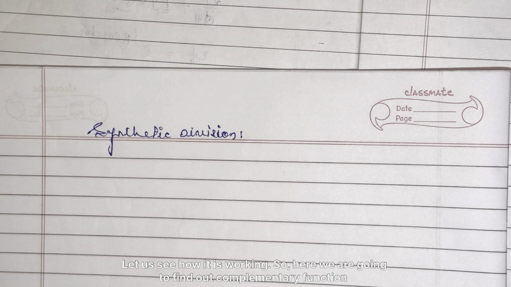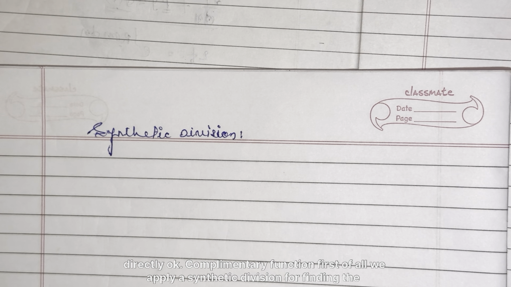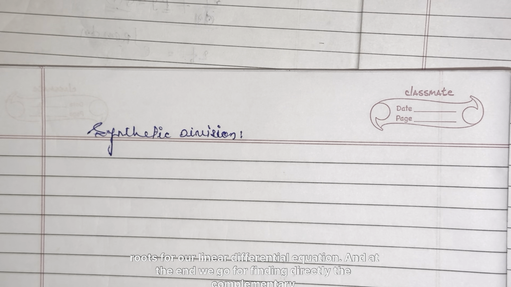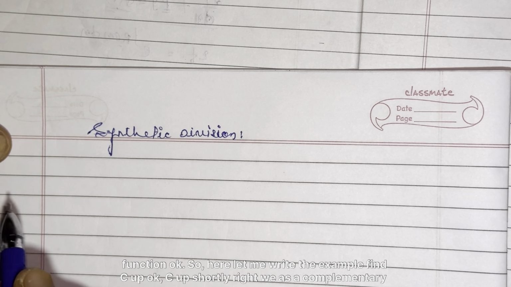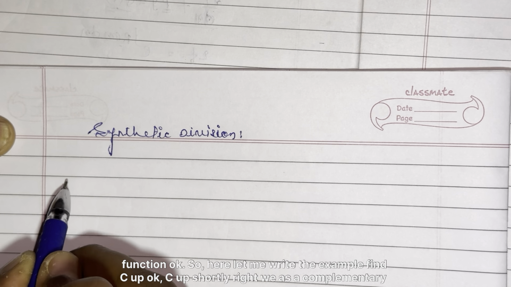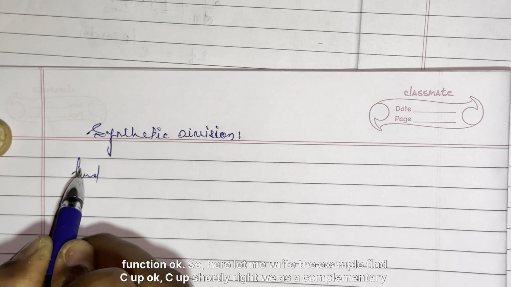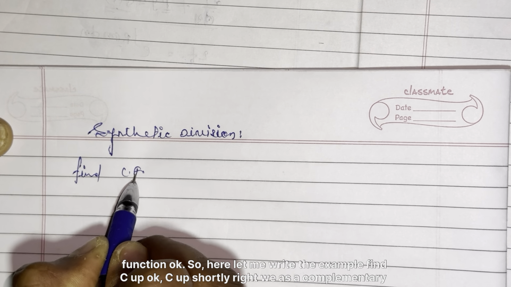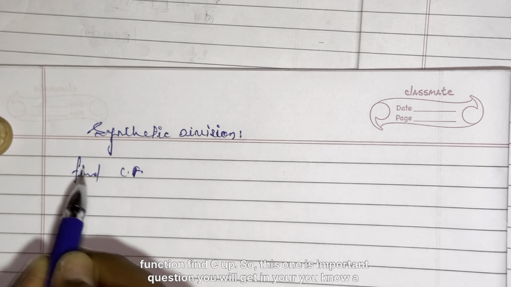So here we are going to find the complementary function directly. First of all, we apply synthetic division for finding the roots of our linear differential equation, and at the end we go for finding directly the complementary function. Okay, so here let me write the example.